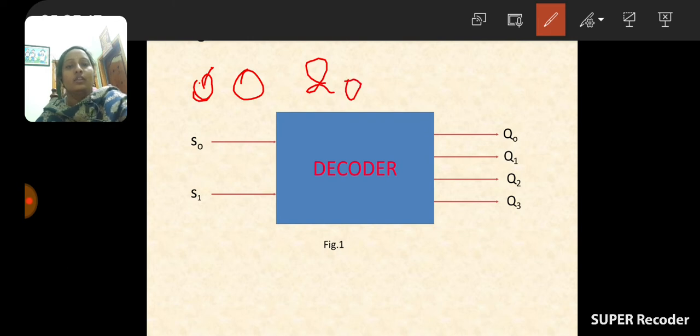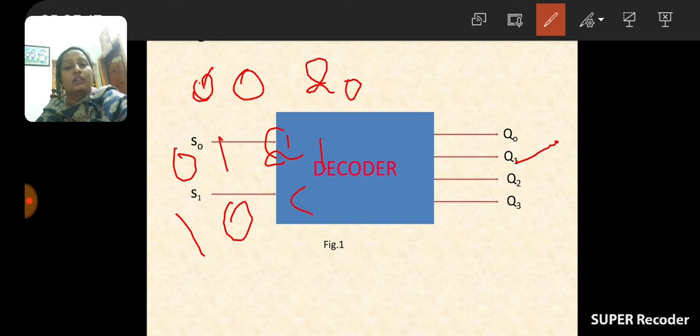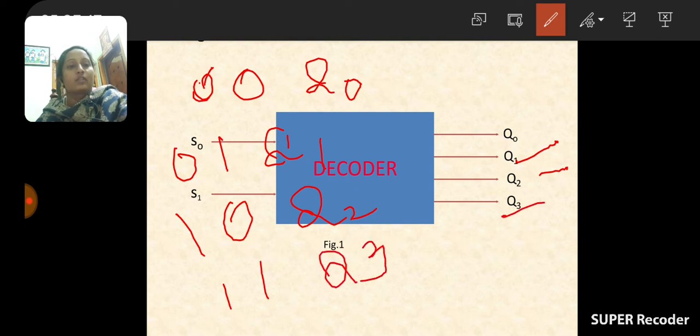Q0. If these are 0 and 1, it is transferred to Q1. If it is 1 and 0, the data must be transferred to Q2. If these are 1 and 1, the data must be transferred to Q3.